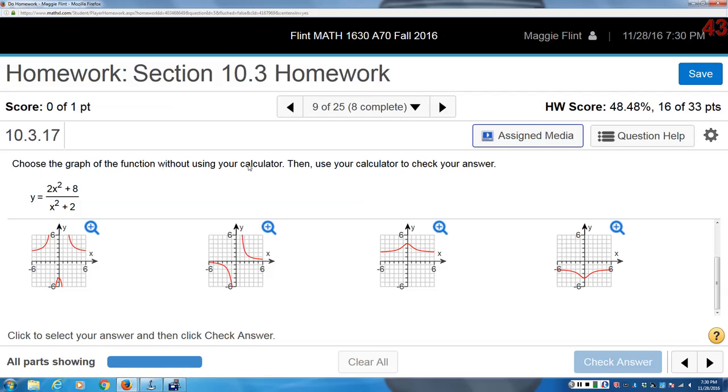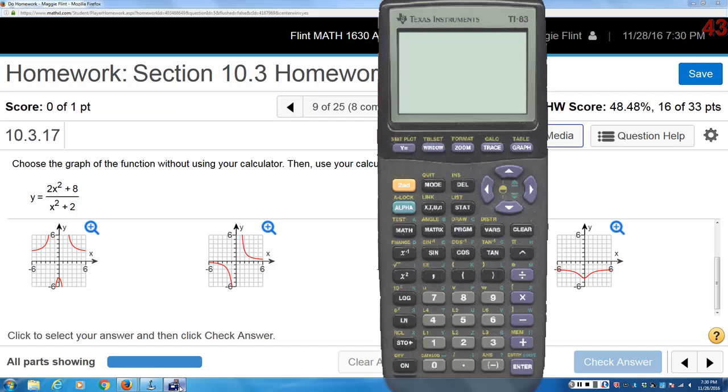Despite the fact this tells you to choose it without using your calculator, I'm going to tell you to use your calculator. There's not a good reason not to. So we're going to see if we can see what this function looks like, and we're going to take some clues from the graphs. So we're going to go to y equals first. The key to remember here is you need to put your numerator and your denominator completely in parentheses.